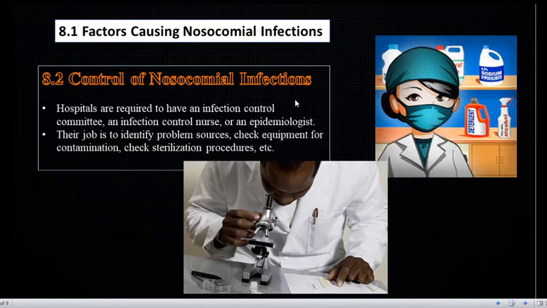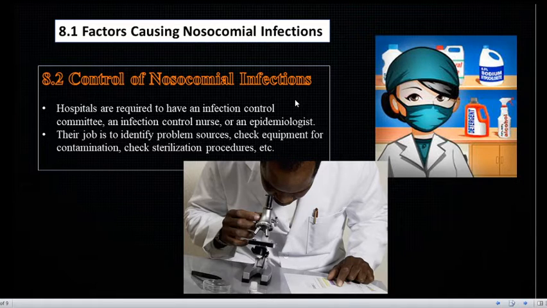Okay? So again, your nosocomial infections will vary from one institution to another depending on their capability of controlling. Okay? But it is certain that health facilities will really have procedures, okay, for nosocomial infections.